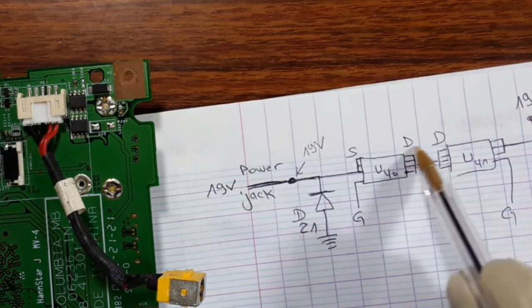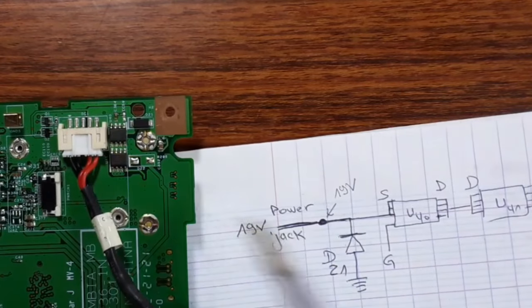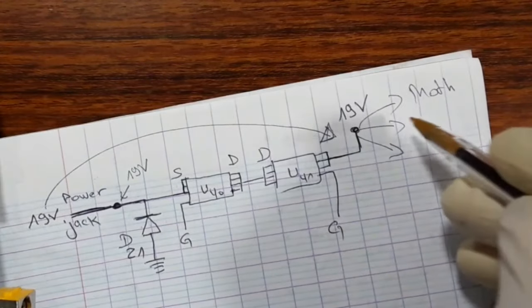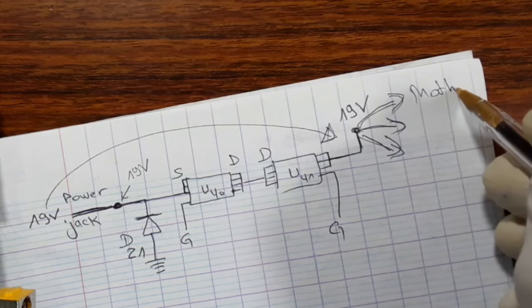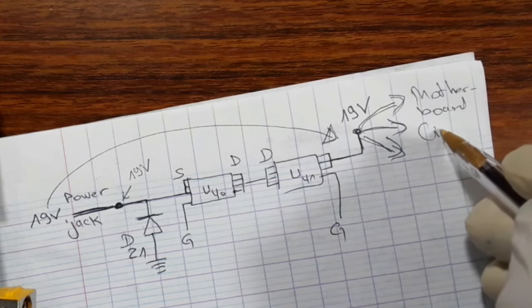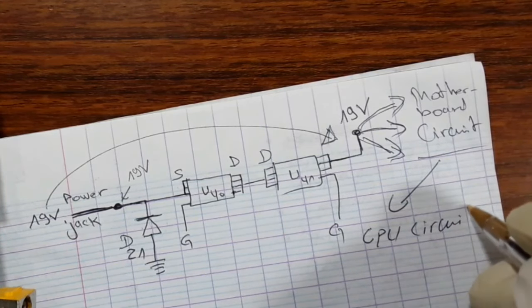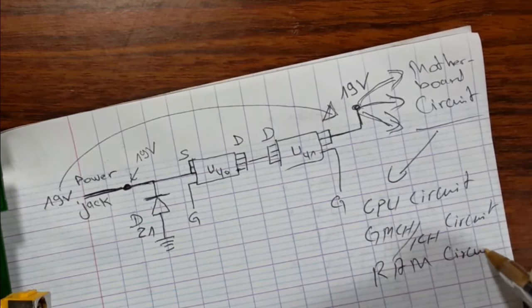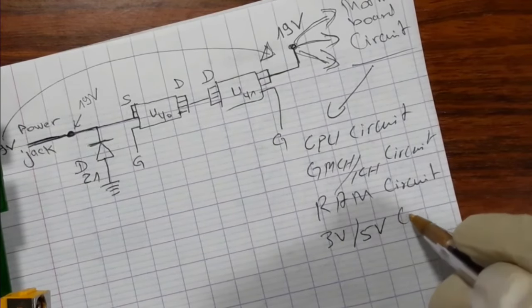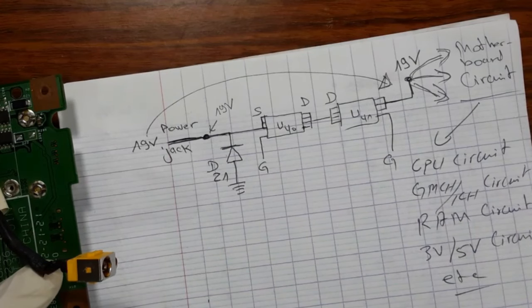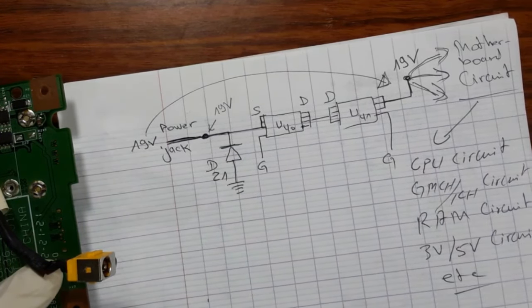The drain of this MOSFET is connected to the drain of this other MOSFET, or switch. The 2 drains are connected together, and from the source we will get this 19 volt, which will be distributed to the motherboard circuits: the CPU circuit, the GMCH and ICH circuit, the RAM circuit, the 3 volt, 5 volt circuit, etc. This is the working principle of the power in the motherboard. This is just a part of the power circuit.